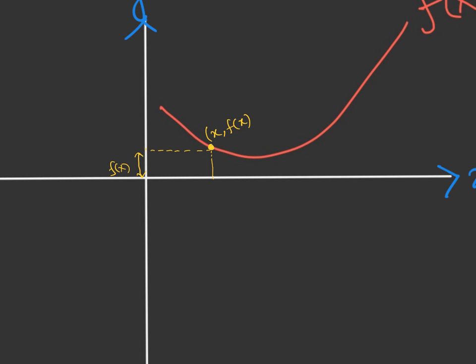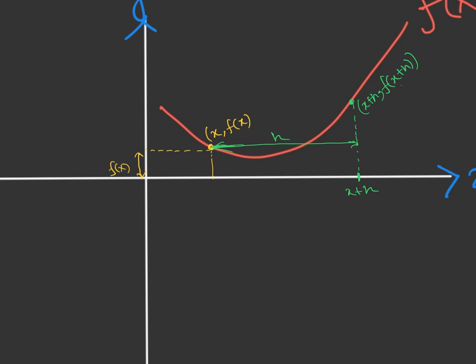So if this is x and let's move to some h distance, let's say this distance over here is h, and then this x value would be x plus h, and this point on the curve would be here, which is x plus h, and the corresponding y value would be f of x plus h, because remember f of x plus h basically shows us the y value at this x value.